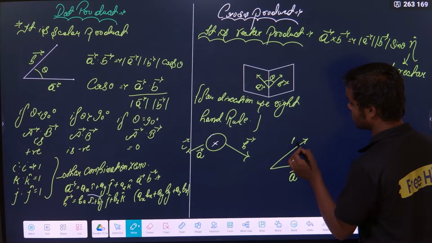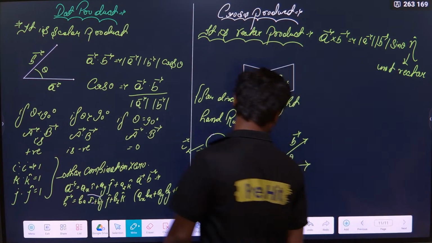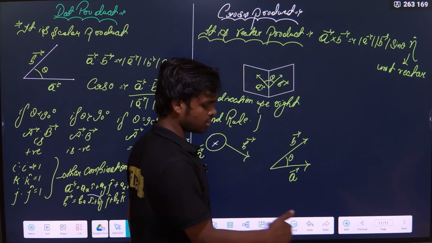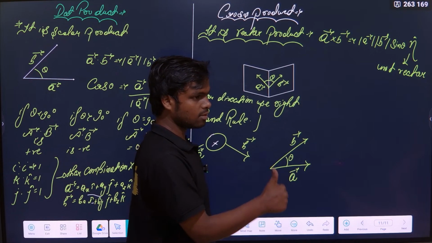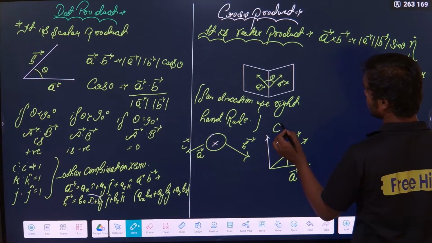Similarly, suppose this is my A vector and this is my B vector, and the angle between them is theta. This is my plane, and it is A cross B. You are getting the thumb in the upward direction, so this is my C vector.